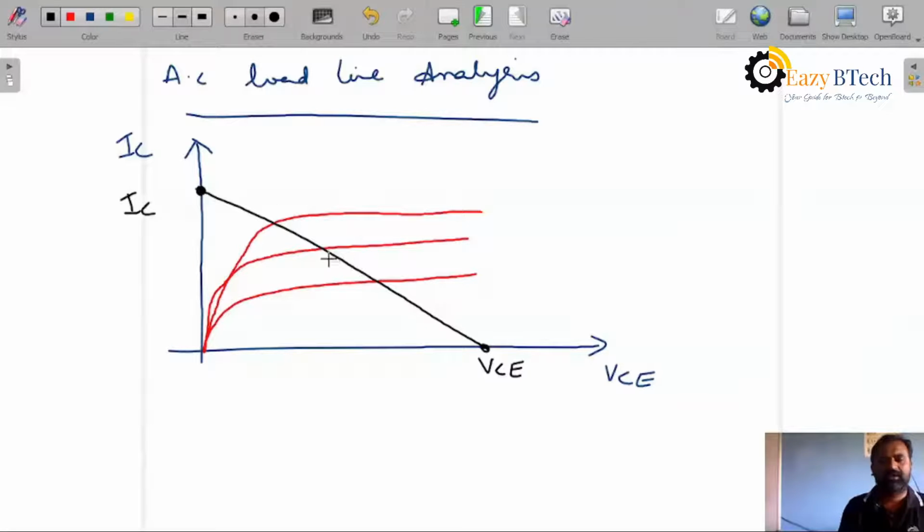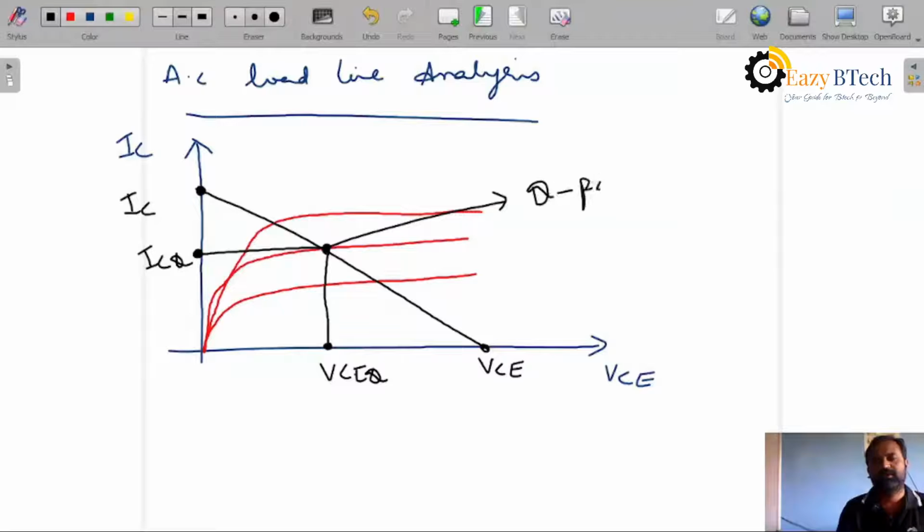It's a load line, and this point is ICQ, VCEQ. This point we'll call a Q point or operating point.